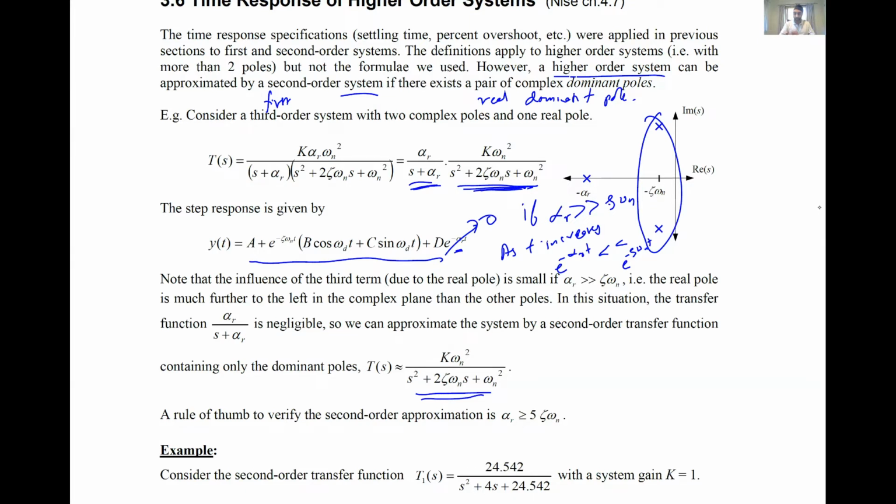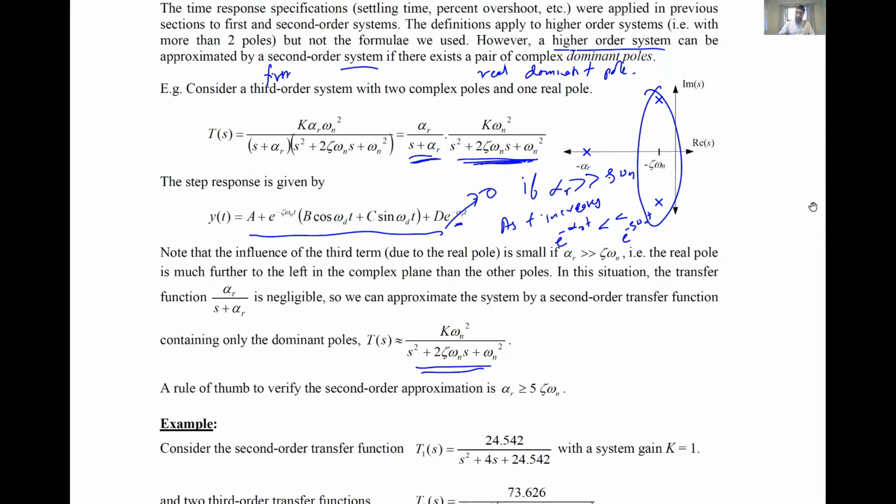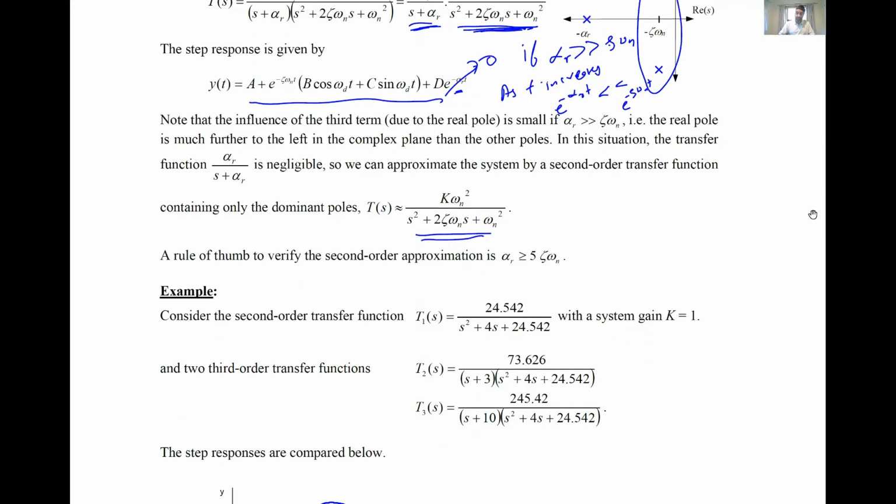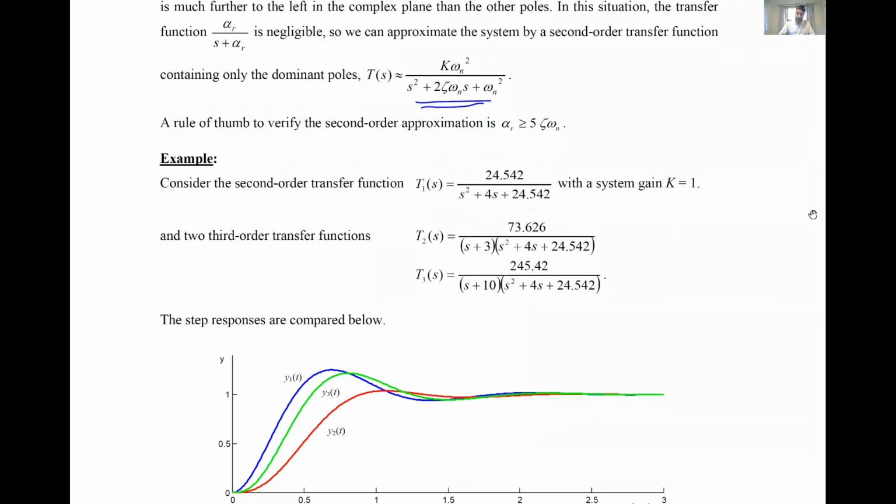So the overall system gain is basically just the product of these two system gains, and that also remains to be 1. You can also find out the system gain by using the final value theorem for a transfer function response for a unit step input. So whatever is the steady state value for a unit step input for these transfer functions is going to be the system gain.